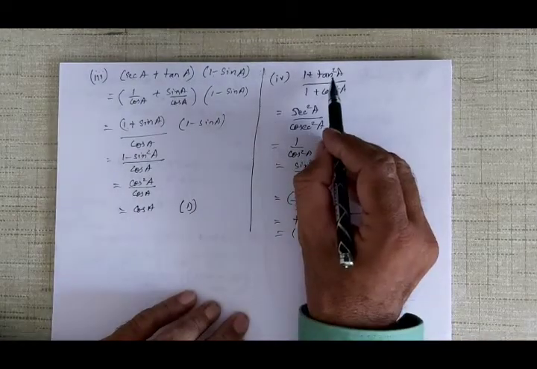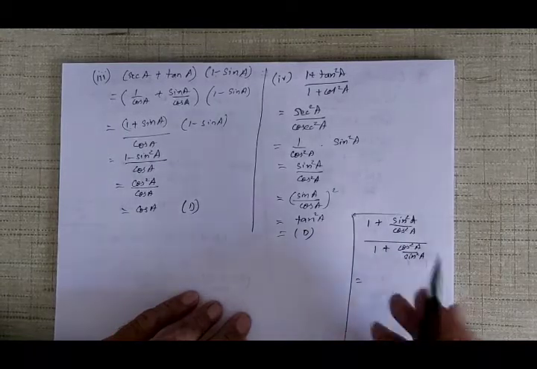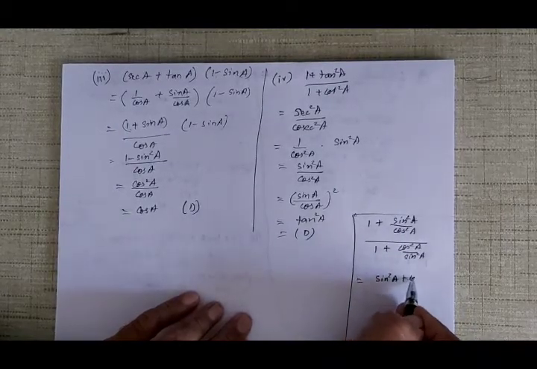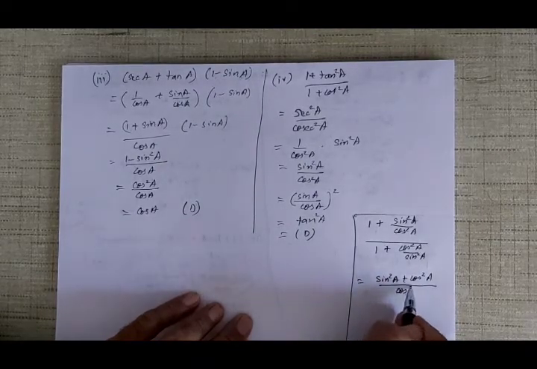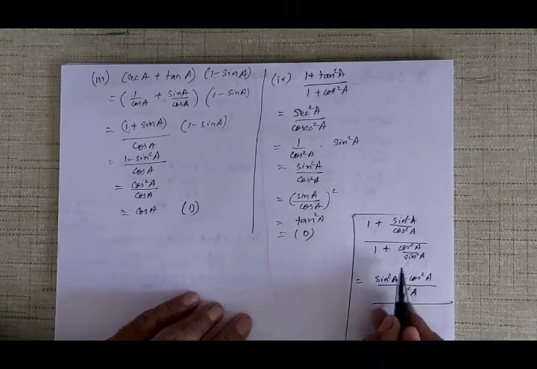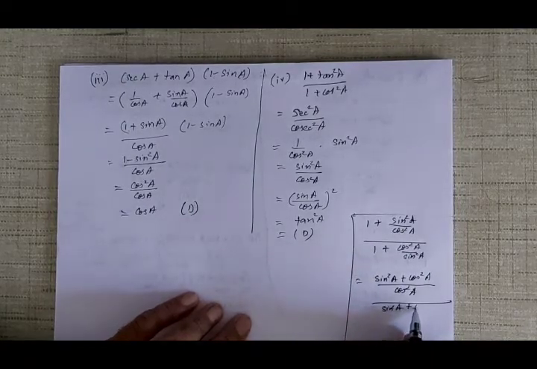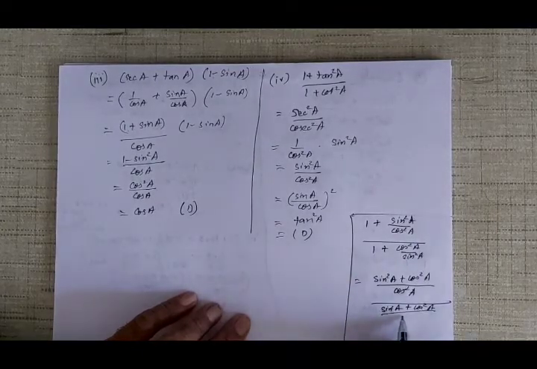Instead of tan, sin upon cos, instead of cot, cos upon sin. Now take LCM, cos square a plus sin square a will come on top. So sin square a plus cos square a upon cos square a. Similarly below, it will be sin square a plus cos square a upon sine square a.